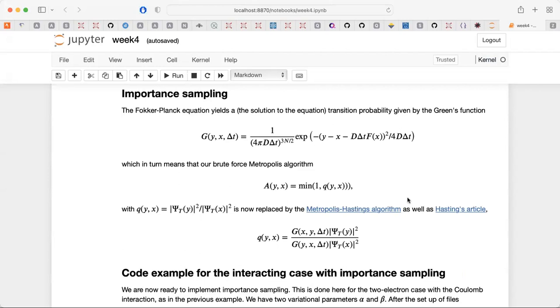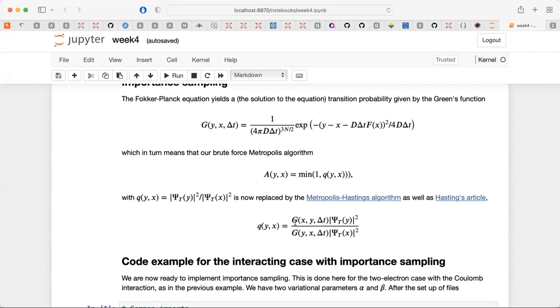The other thing to think of is how we speed up the calculation of this so-called ratio between the transition probabilities. One is to speed up the ratio between the wave function squared, and the other one is to speed up this quantity here. As I said, this ratio, which you're going to compare with a random number, is something you will compute billions of times.